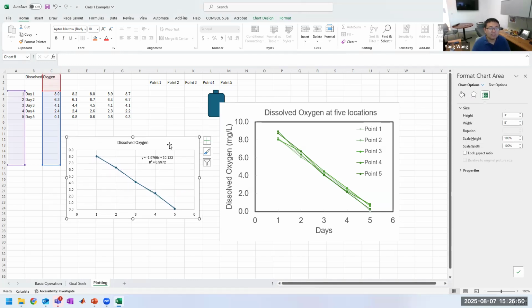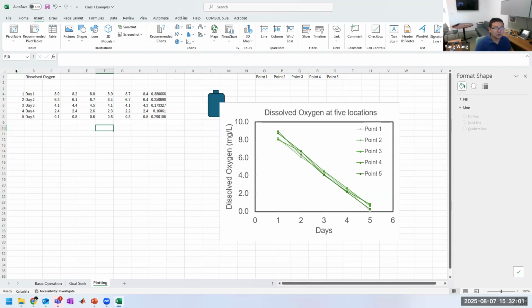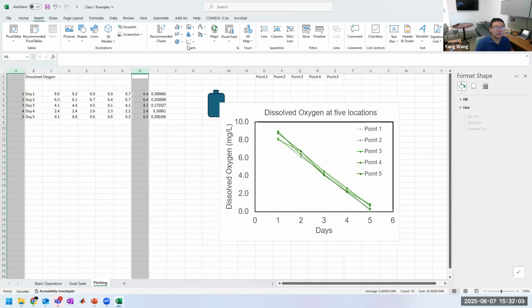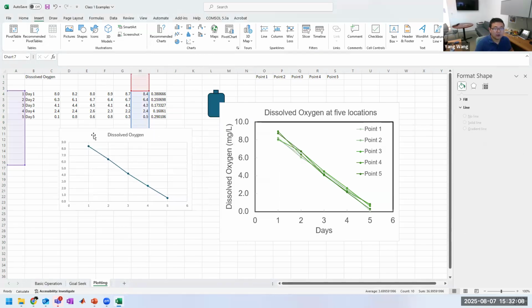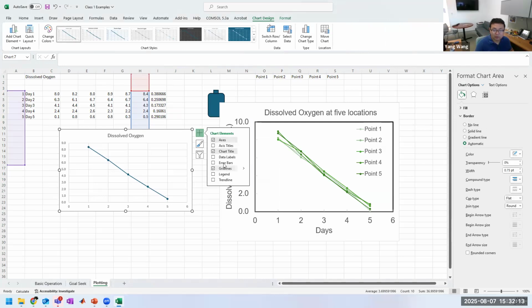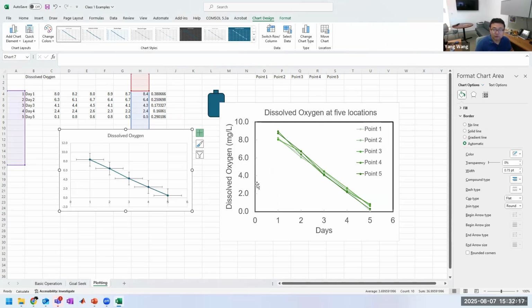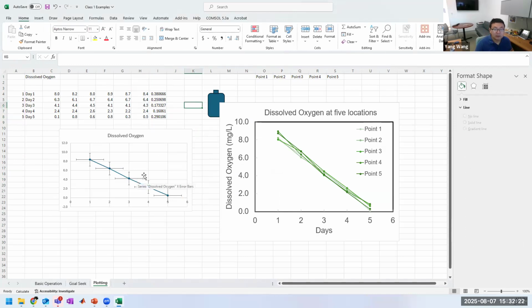And then basically, we can also include the error bar from the plot. So to create this error bar plot, what you can do is you can first generate this plot, right? This is basically the average dissolved oxygen, right? So then to add the error bar, you will click the error bar function, okay? So you select error bar and then go to more options. So then you can basically separately specify the error bar, because here you're using the standard deviation of the dissolved oxygen.